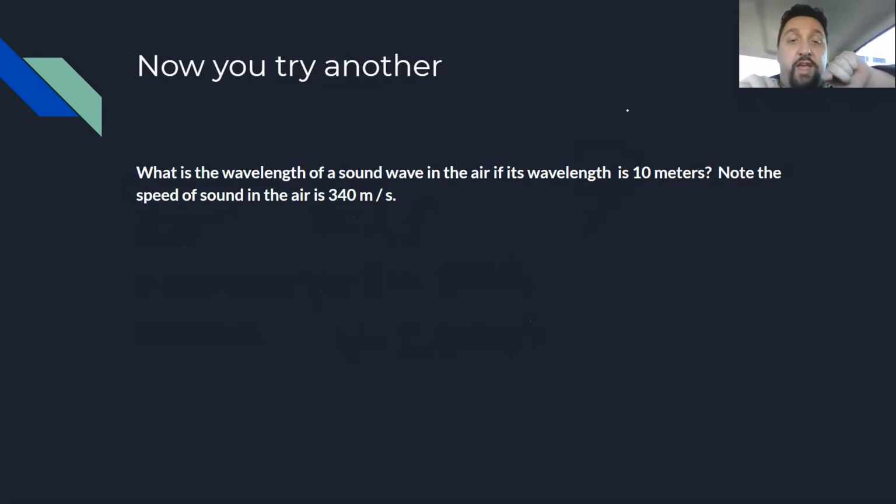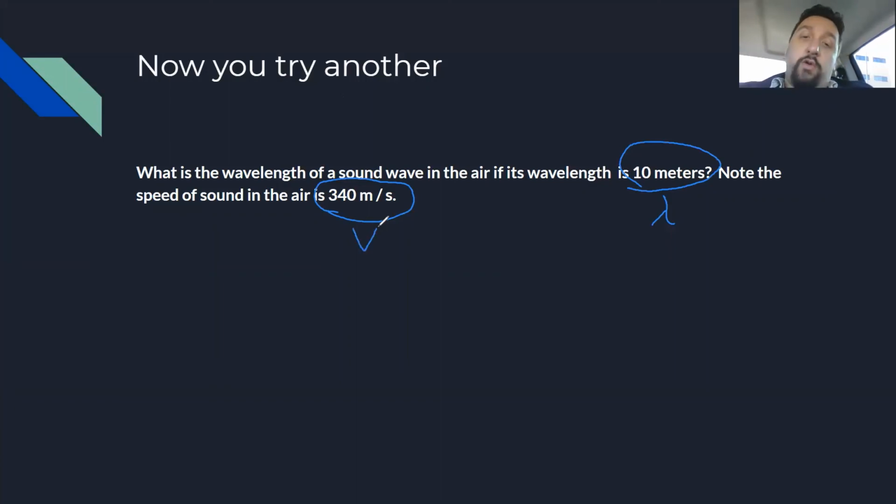What is the frequency of a sound in the air if the wavelength is 10 meters? Note the speed of sound in the air is 340 meters a second. Okay. Step one, find our knowns. We've got a wavelength of 10 meters, and we have a speed of sound of 340 meters a second. Since that's in meters, this is my wavelength, and that's meters per second, that's my speed or my velocity.